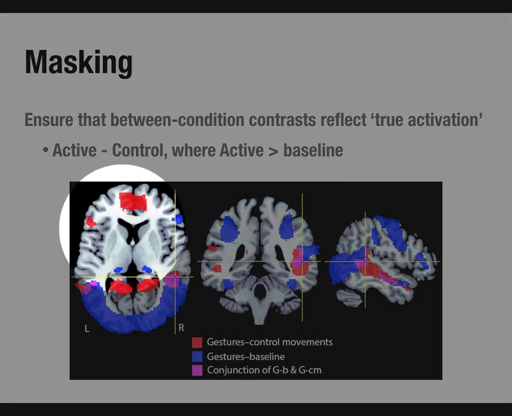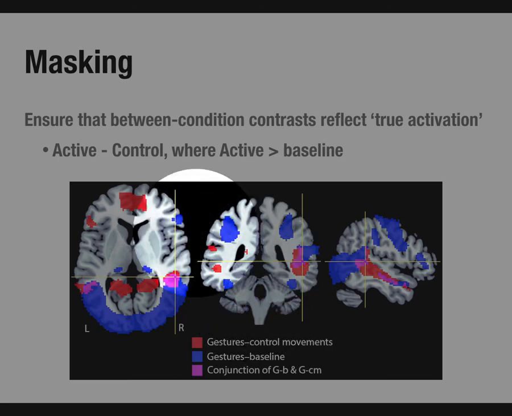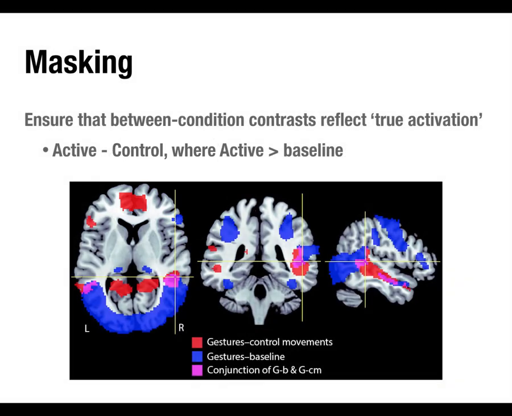You can see that a lot of these areas in red that showed the gesture versus control significance actually weren't activated for gestures relative to baseline. So whatever they're doing, it's not what we would want to isolate and say that's a gesture processing area. It's only those purple ones, which are sort of a small subset of the overall activation pattern, that actually relate to what we are interested in studying.